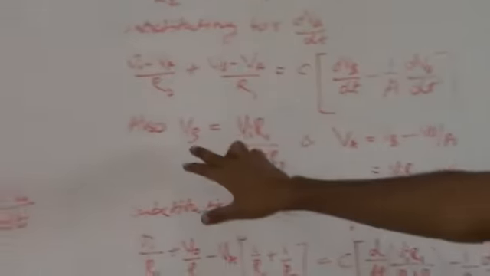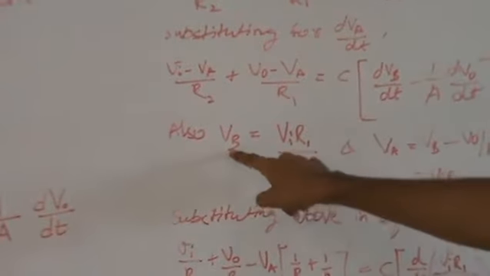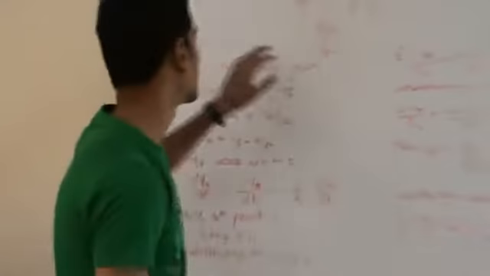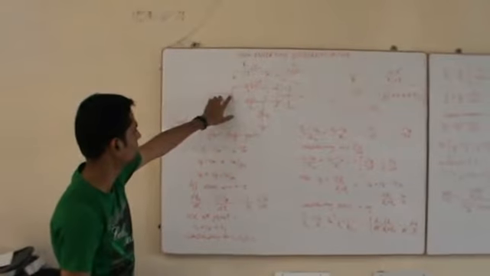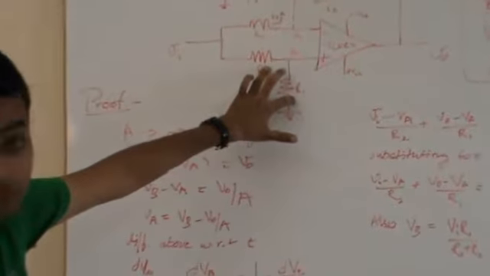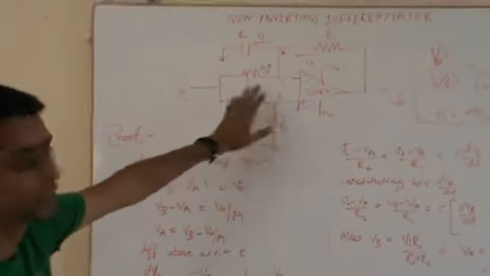Now, please note the potential at point B is given by VI into R1 divided by R1 plus R2. As you can see, the input voltage is VI, and the R1 and R2 resistor network forms a potential divider.